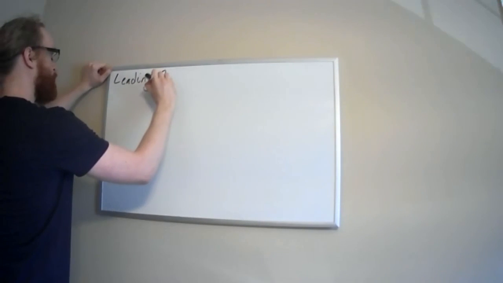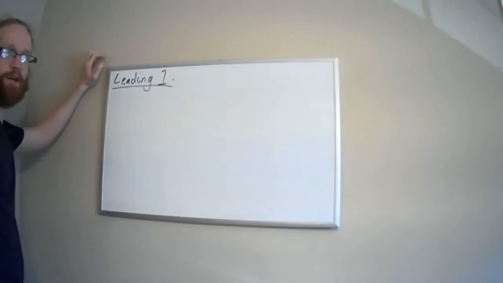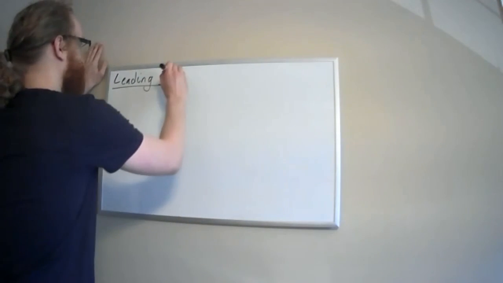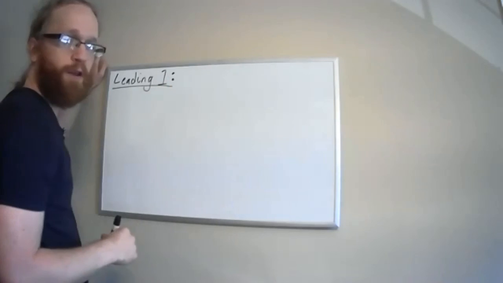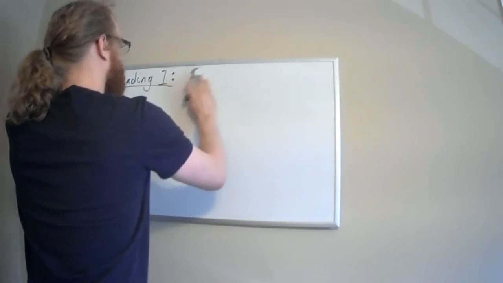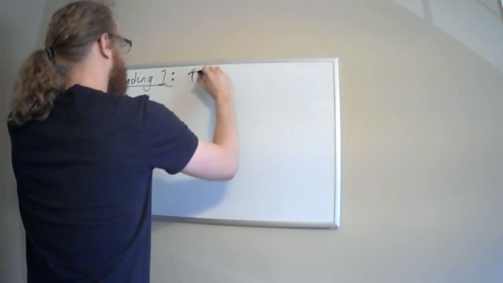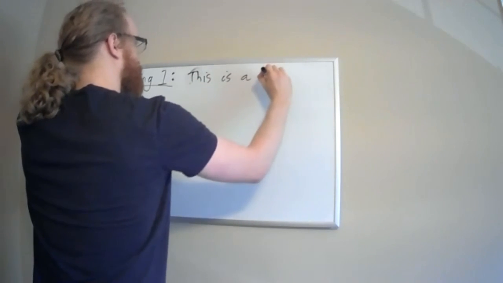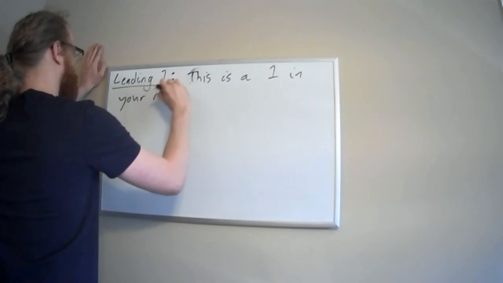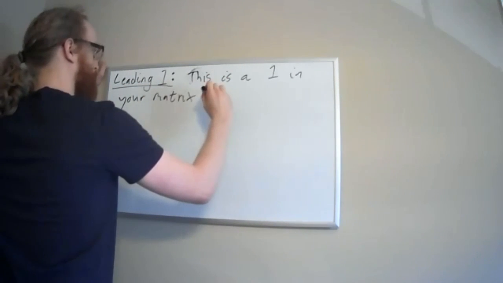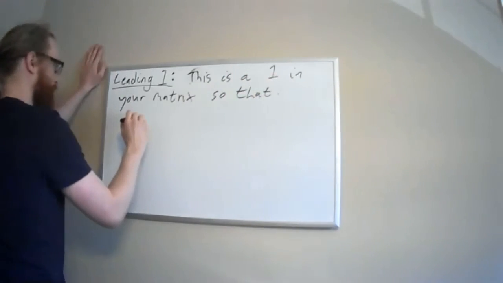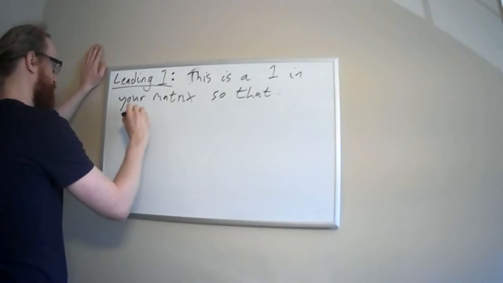There's something we call a leading one. A leading one. This is a 1 in your matrix. There's going to be two conditions, I guess, we'll say here.